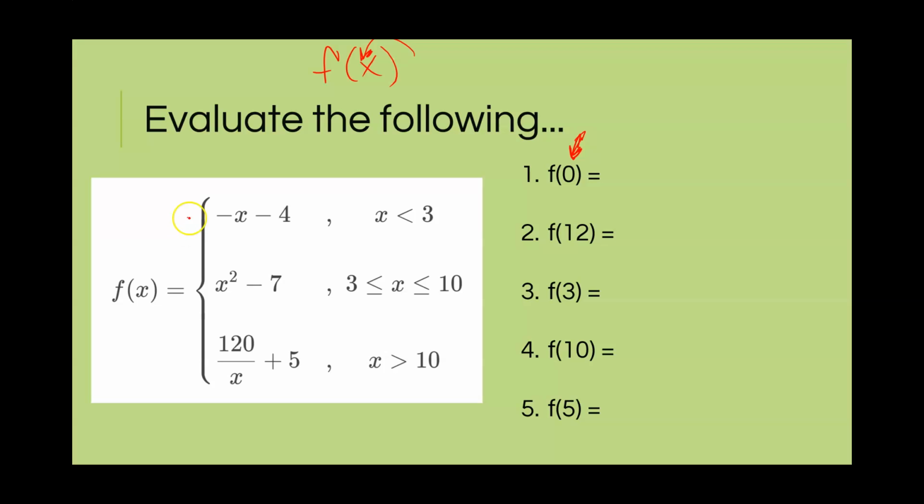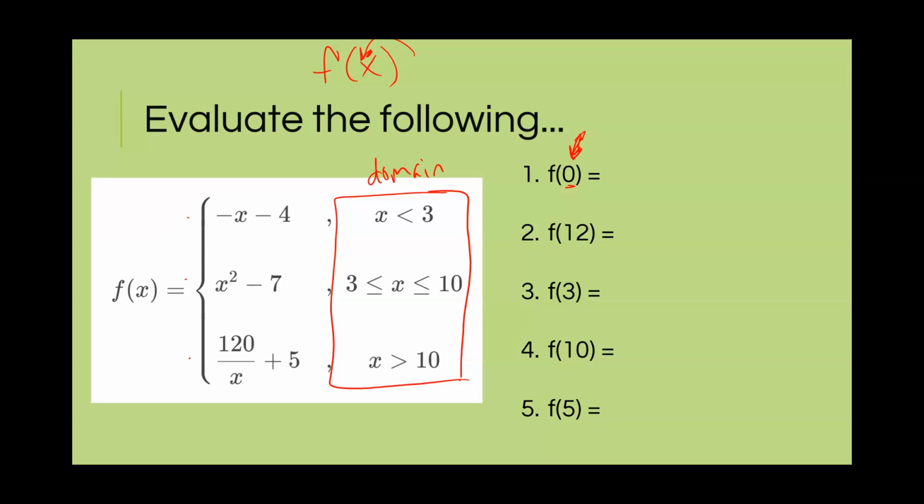Now, you have 3 different equations to choose from here that make up this piecewise function. So you must pay attention to your domain restrictions, okay? That tells you where to plug this number into, okay? So 0. Is 0 less than 3? Yes, 0 is less than 3, so I'm going to plug it in.